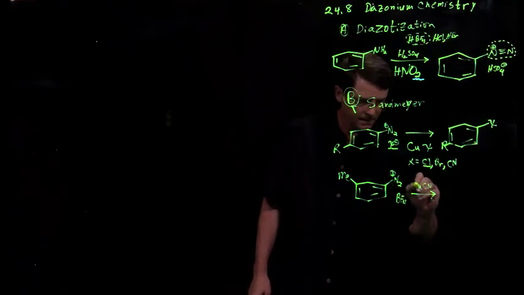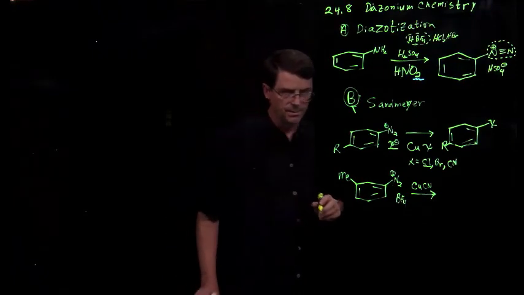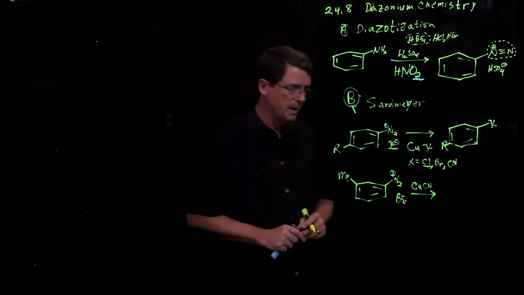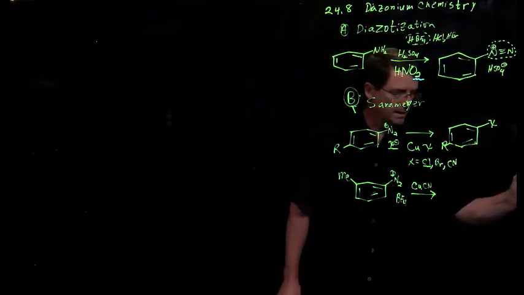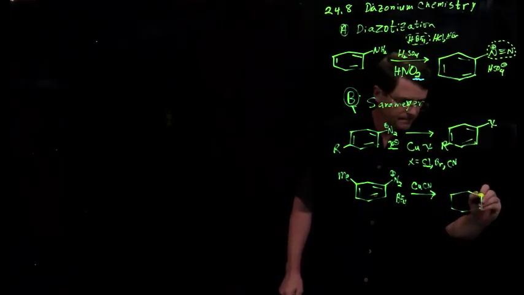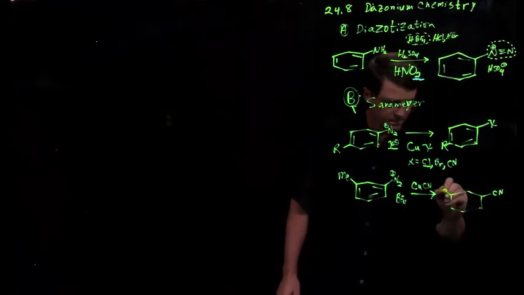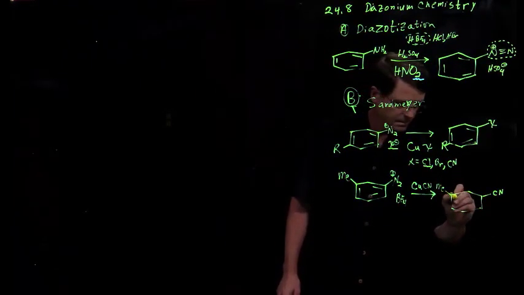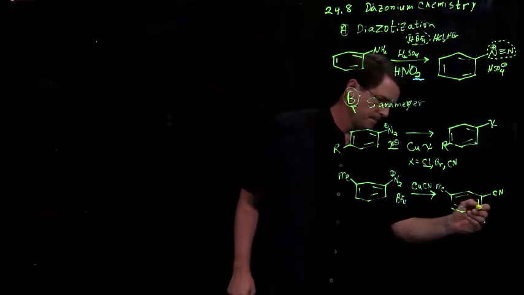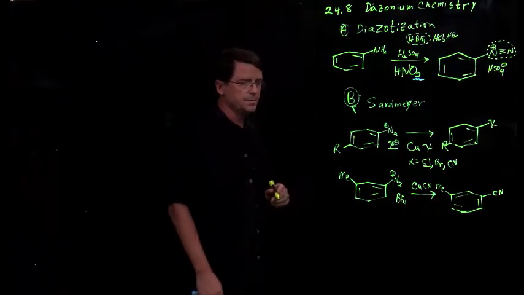copper cyanide. Now notice this is copper 1, okay, copper 1. Copper 2 doesn't work, you need copper 1 because, as I said, this is a mixture of carbocation and radical chemistry. We're not going to worry about arrow pushing for this. Then you can get substitution of the diazonium.